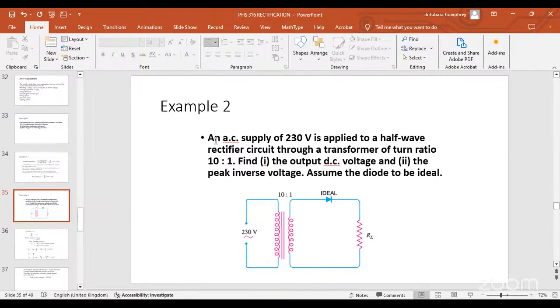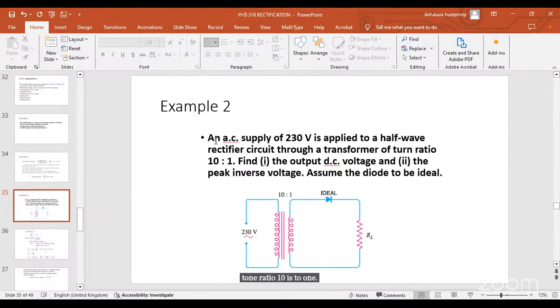Two, an AC supply of 230 volts is applied to a half-wave rectifier circuit through a transformer of turn ratio 10:1.